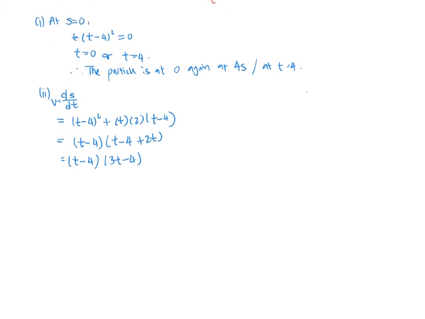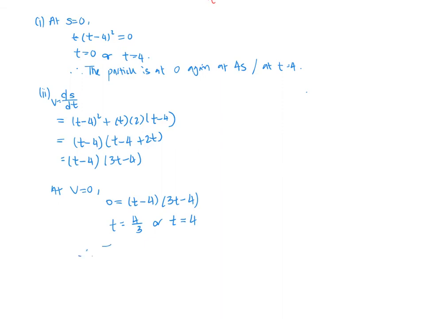From here, at v equals 0, we will have 0 equals (t minus 4)(3t minus 4). And this will give me t to be 4 over 3 or t to be 4.